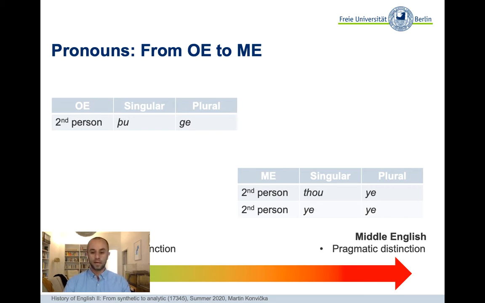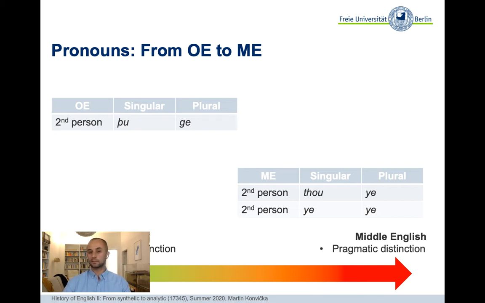But in Middle English, under the influence of the chivalric traditions and under the influence of French culture and French language, people started to use the plural pronoun when addressing one single person in order to express their respect and politeness.